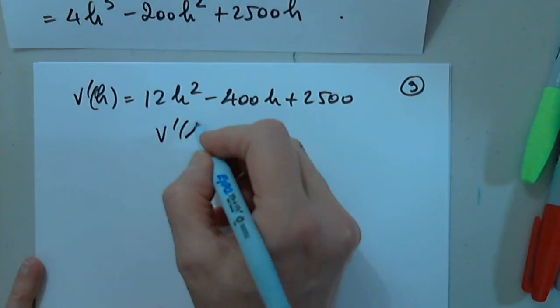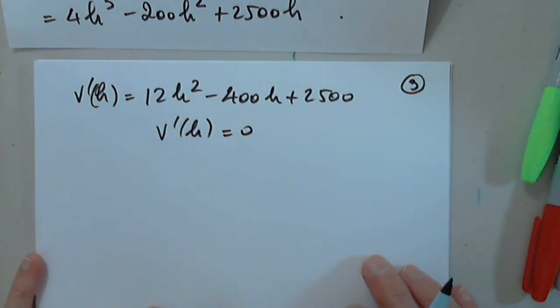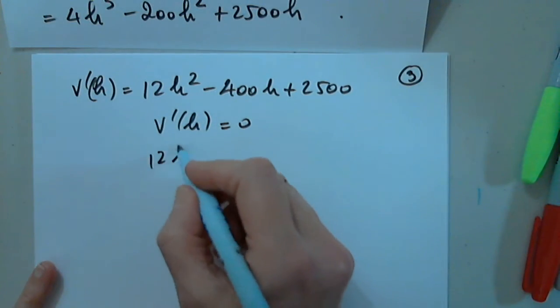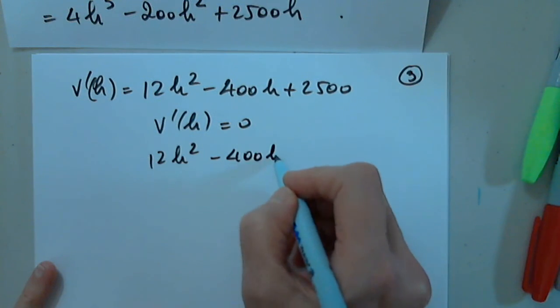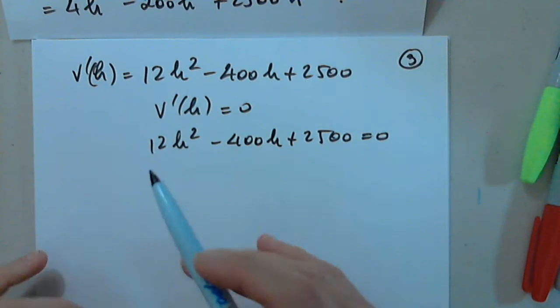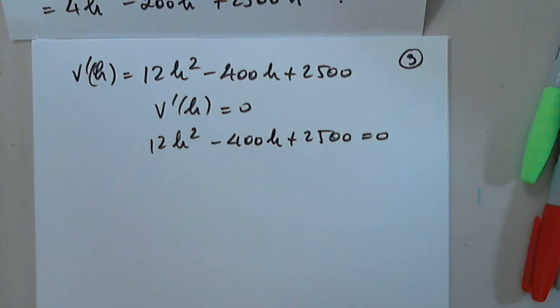I have to solve the equation V prime of h equals 0. You can plug it in directly in the calculator. I'm fine with that. In calculus, I'm assuming that you remember how to solve a quadratic equation using the quadratic formula. So I'm going to share my screen and just go directly to solve this quickly.